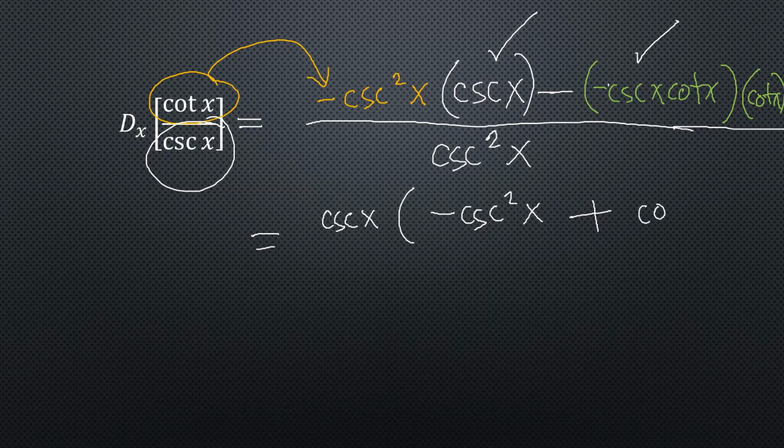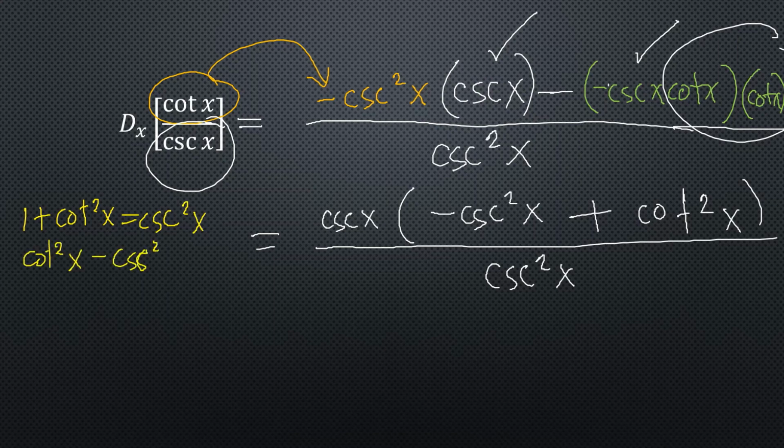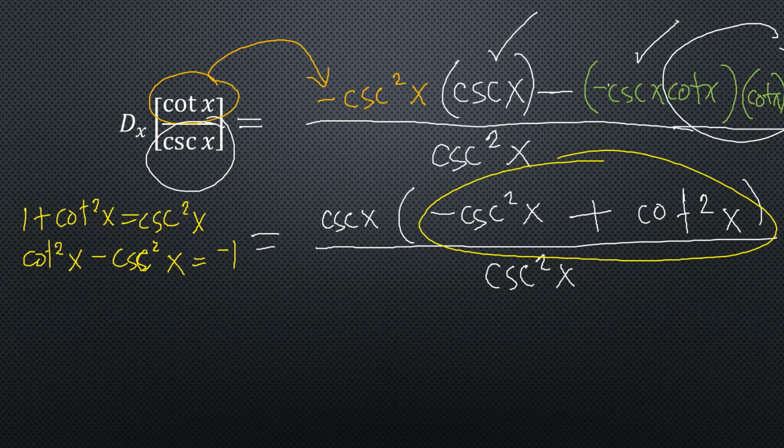So plus cotangent x times cotangent x here is the square of cotangent x over cosecant squared x. Now the Pythagorean identity for cosecant and cotangent, we have 1 plus cotangent squared x is equal to cosecant squared x. Therefore, cotangent squared x minus cosecant squared x is equal to negative 1. So we can replace this with negative 1.